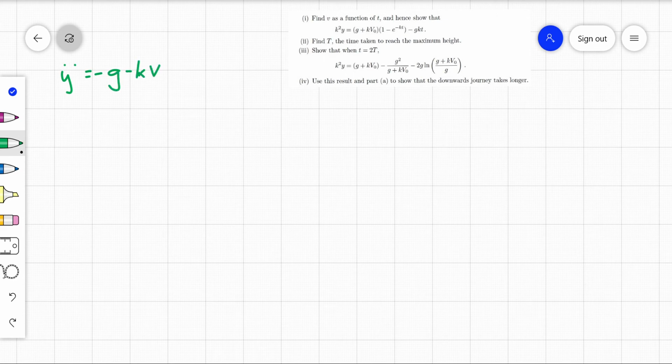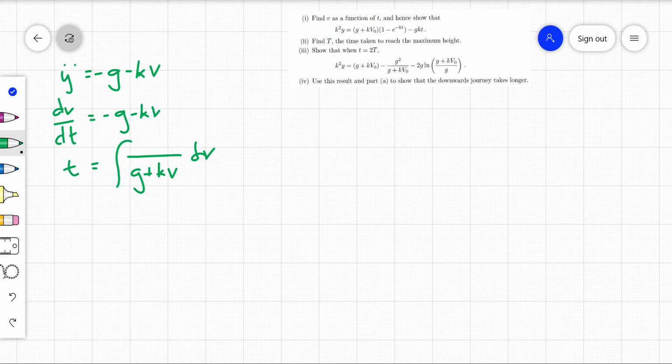We're looking for velocity as a function of time, so we would use dv dt to represent our acceleration. And then we need to turn everything upside down, and t is going between 0 and t. And if I turn this upside down, I've got a g plus kv on the bottom. I've got dv. So I've got a minus out the front.